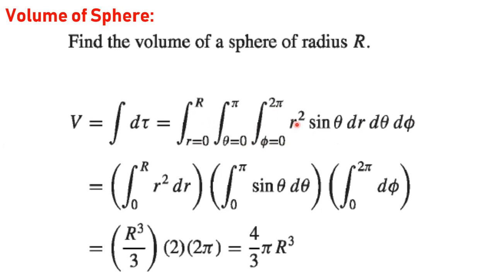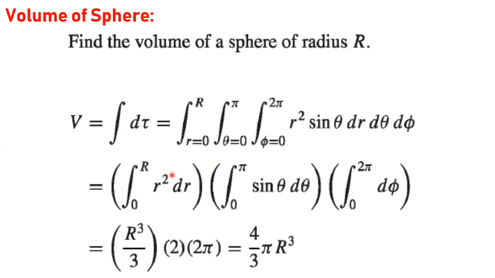Now, to perform integration, let's separate these integrals. These are just scalar integrations. So in this step, I'm writing the r integral separately. So this is r squared dr, and the limit of integration is from 0 to r because our sphere has a radius r. Generally, the limits for the r are from 0 to infinity. But in this case, as I mentioned earlier, the sphere has a radius r, so I have to integrate from 0 to r.